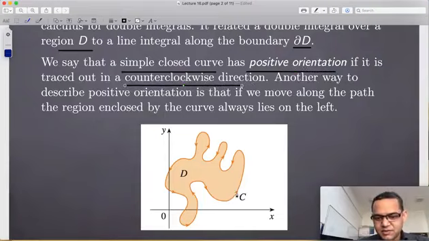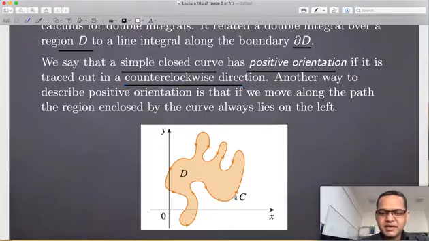You are moving along the boundary in a counterclockwise direction. Imagine a circle first, but the domains need not look like discs, and hence the curves need not look like a circle. They can be any simple closed curve. This is called the positive orientation of the simple closed curve.